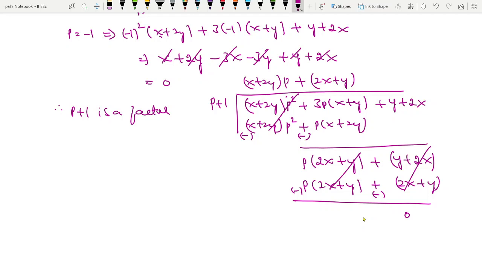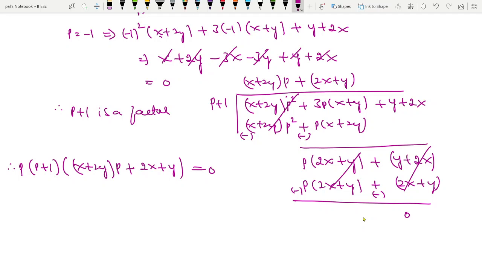So therefore we write the given equation like this: p into p plus 1 into x plus 2y into p plus 2x plus y. If you have doubts about the given equation, multiply these and you will get the original equation.